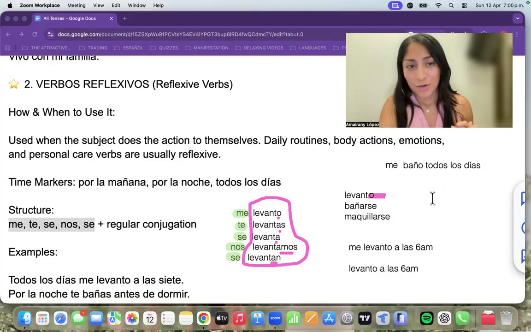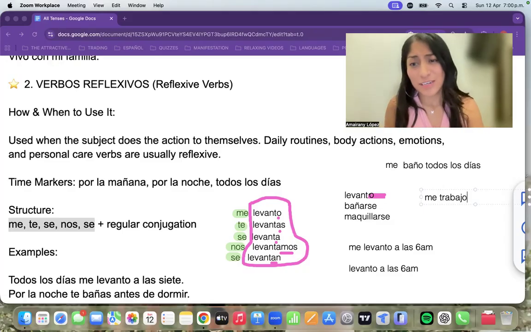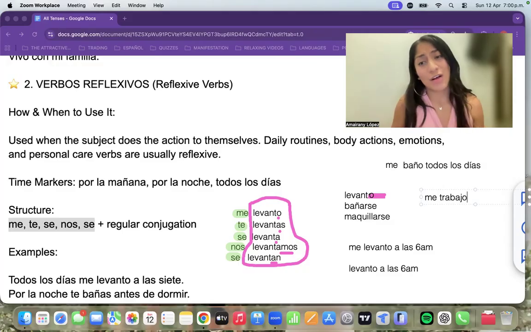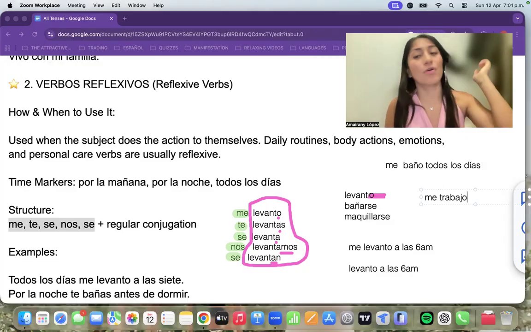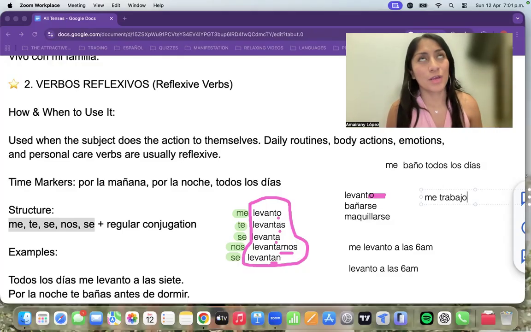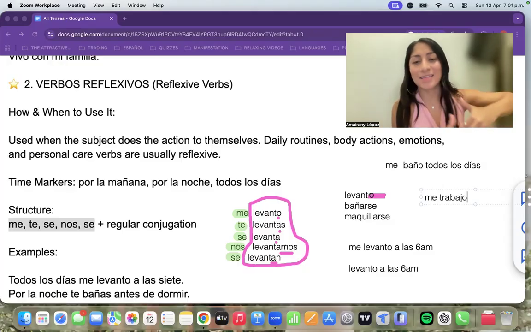Now, me baño todos los días. Awesome. So, another question that you might have is, okay, why isn't it me trabajo? Okay, think about it. Certain actions you cannot do to yourself, like we shower ourselves, right? Or like we put makeup on ourselves, or we wash our hands, right? Again, it's a body action, it's a daily routine, it's something that you do to yourself.